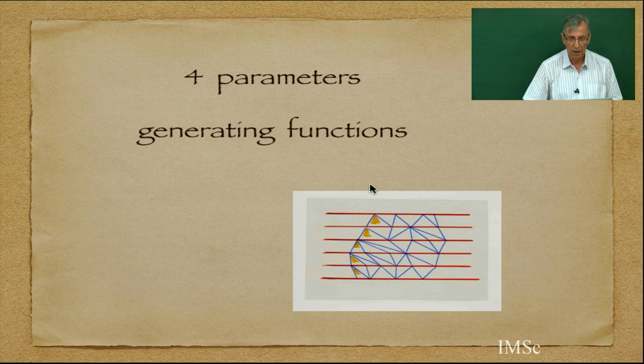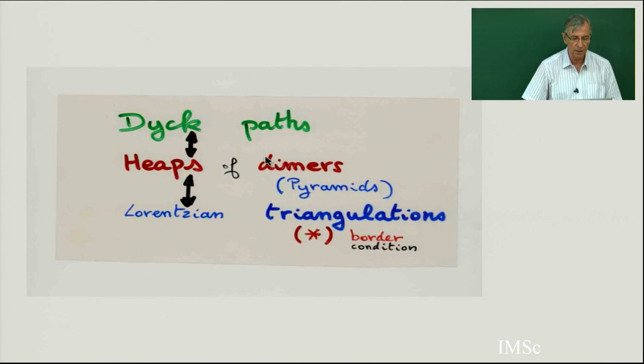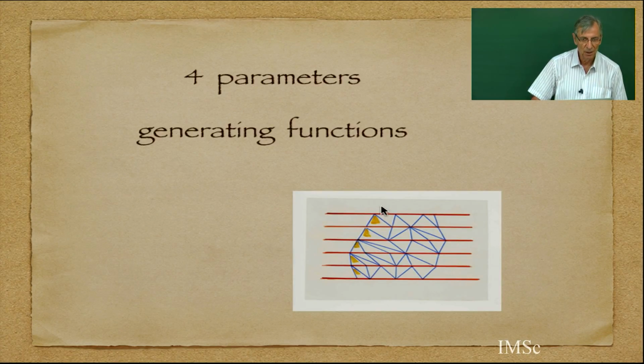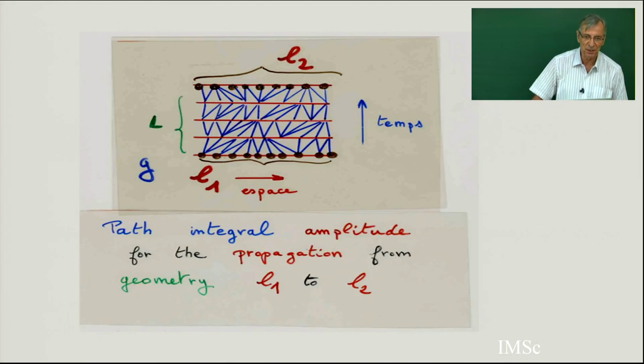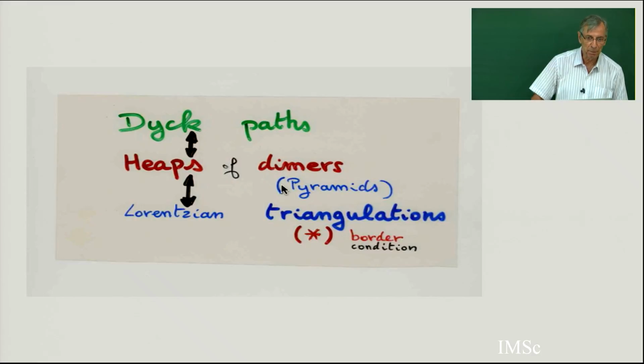So if I look again at my bijection between heaps of dimers and Lorentzian triangulation, in the special case of Lorentzian triangulation with the border condition on the left, you can easily see that it is in bijection with pyramids of dimers.